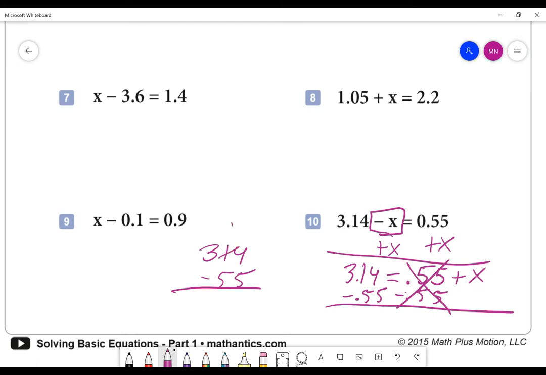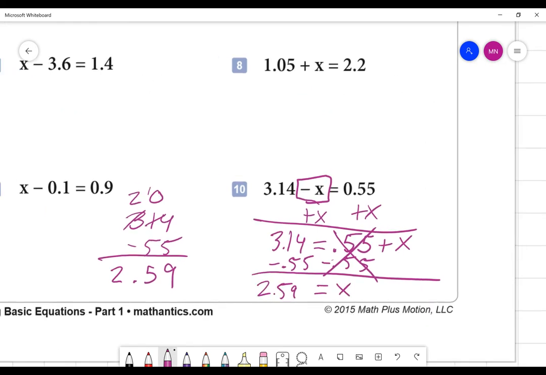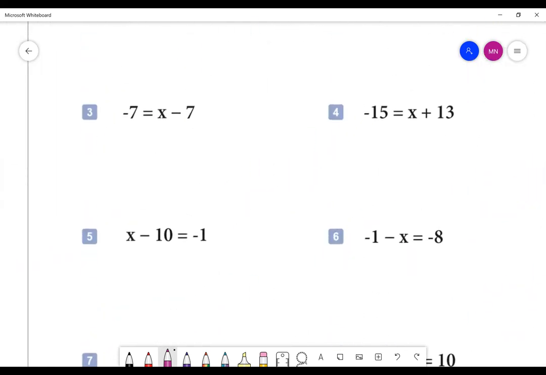It's going to change this to 0, and that's going to be 9. And this would be essentially 10. If I change this to a 2, 10 minus 5 gives me 5. And then I bring my 2 down, 2.59. So x equals 2.59. All right, now we're going to move over here to negative numbers.